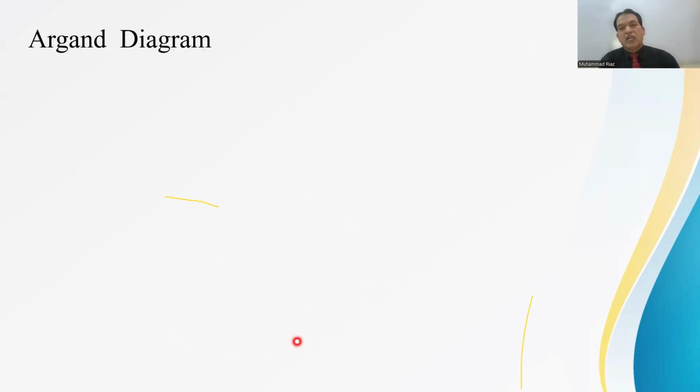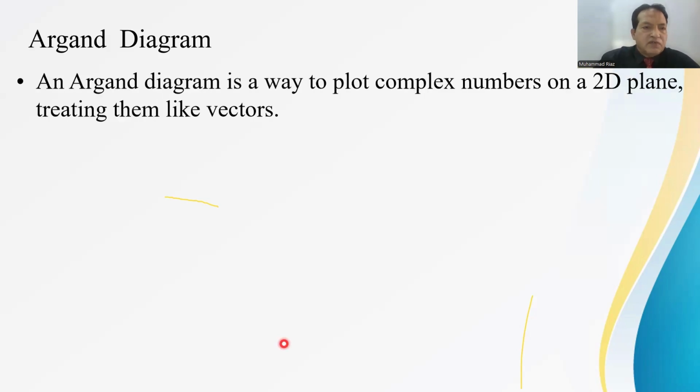Now students, a new horizon in complex numbers, a new thing for you all: the Argand diagram. Argand diagrams were first discovered in the first half of the 19th century, around 1800 and nearly 8, when Jean Robert Argand first used complex numbers and their properties graphically.